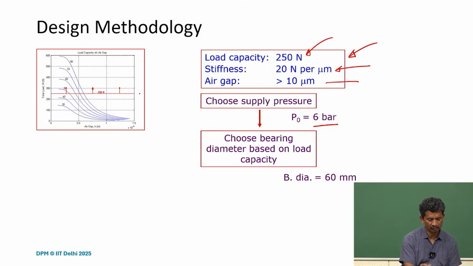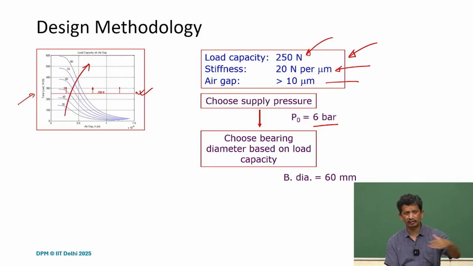For that given supply pressure, what we can check from here is the total load versus air gap, plotted for different bearing diameters from 30 to 80. If we put that 250 Newton line, we realize that 20, 40 may not work because the load capacity for the given pressure may not be enough.